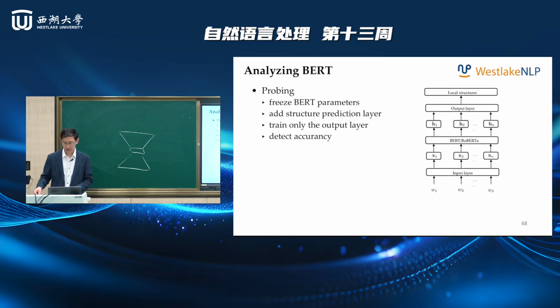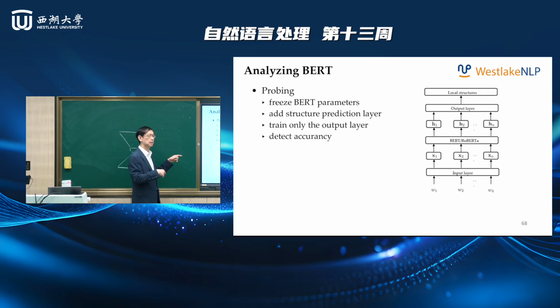So this is one way to analyze BERT, analyze attention patterns. A second way to analyze BERT is to freeze BERT and add an output adapter. This adapter is just a structured prediction output layer to predict syntactic structure or semantic structure. If I freeze BERT and only tune the output layers, and we can achieve high accuracies, then it means that BERT itself contains syntactic information, right?